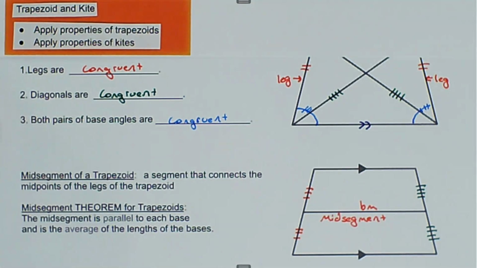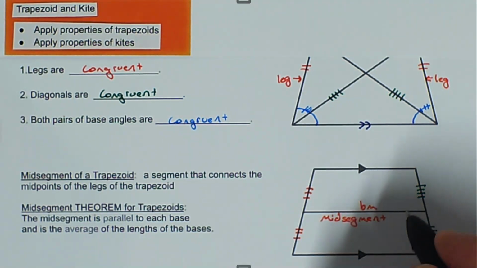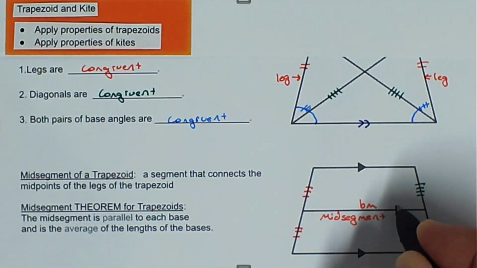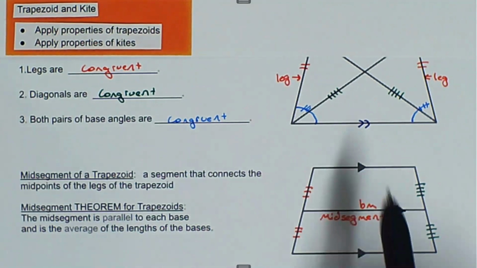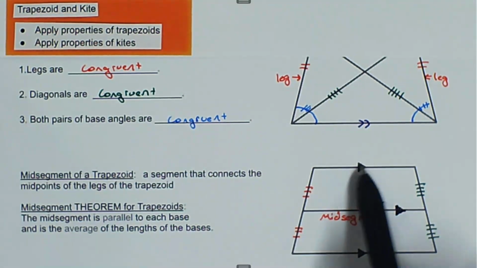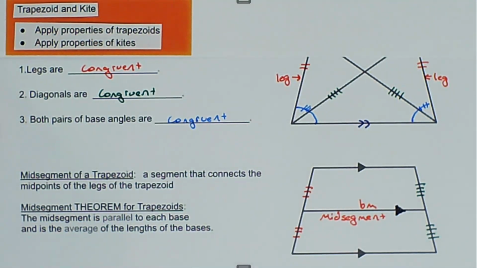Now the mid-segment theorem of a trapezoid: the mid-segment is parallel to each base and is the average of the lengths of the bases. We already show that these 2 sides are parallel, and we can also add that the mid-segment is parallel. So the 2 bases and the mid-segment are all parallel to each other.